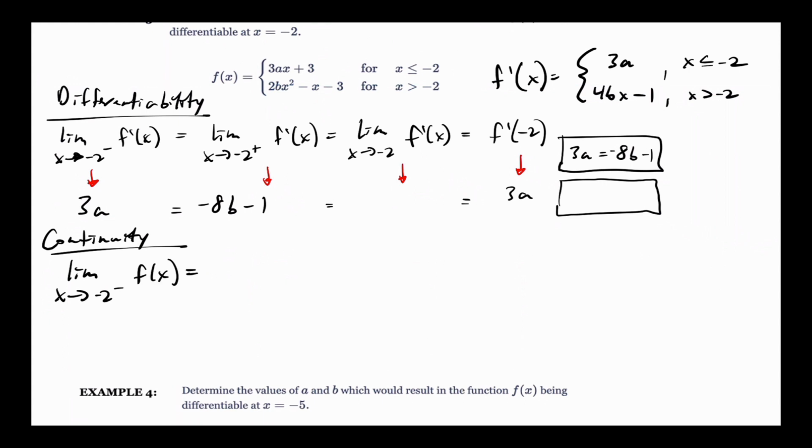They're all going to have to equal each other using continuity as well. Not f prime, just there we go.